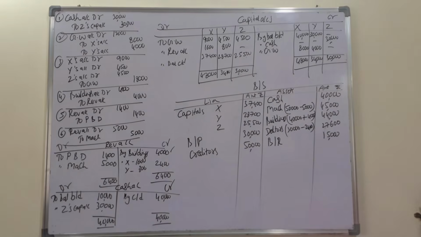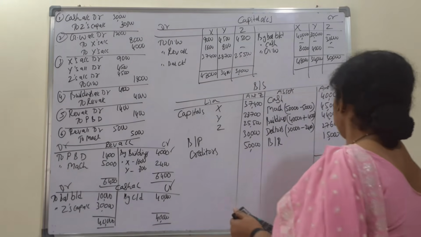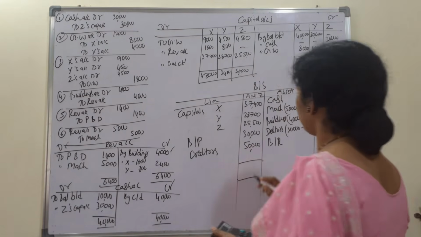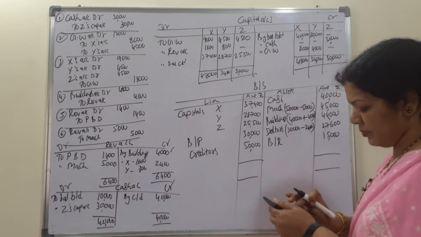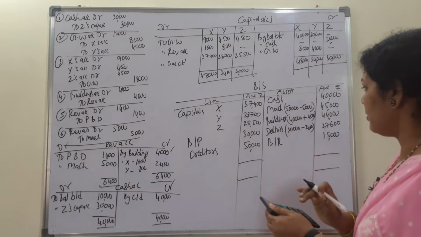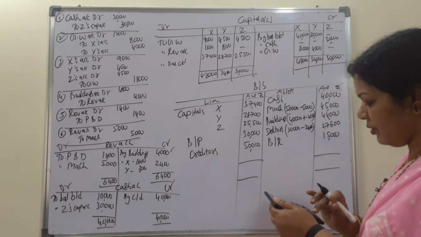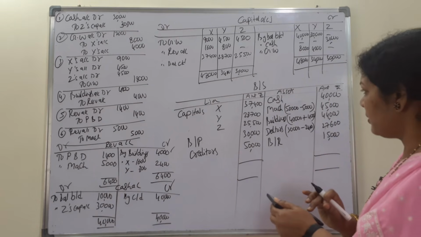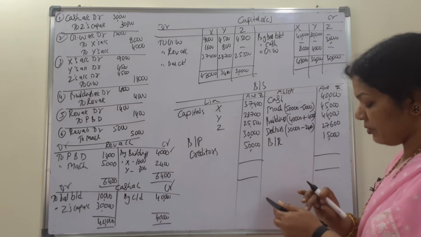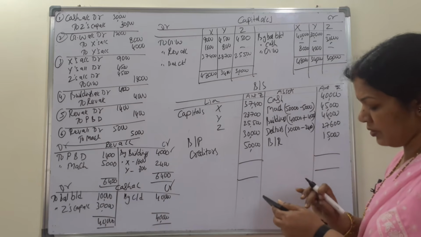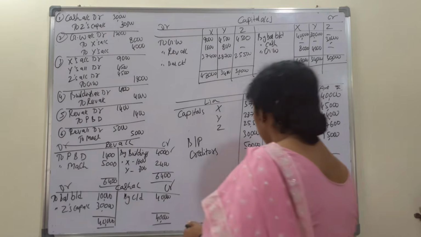So we'll see the balance sheet. First we'll see 80,000 plus 1,000 plus 25,500 plus 28,700 plus 37,400. It is 1,71,600.